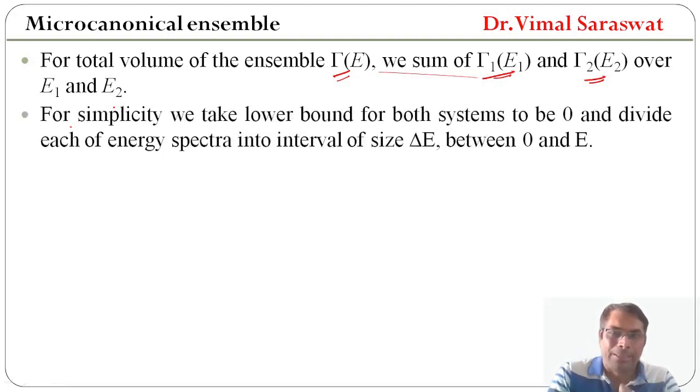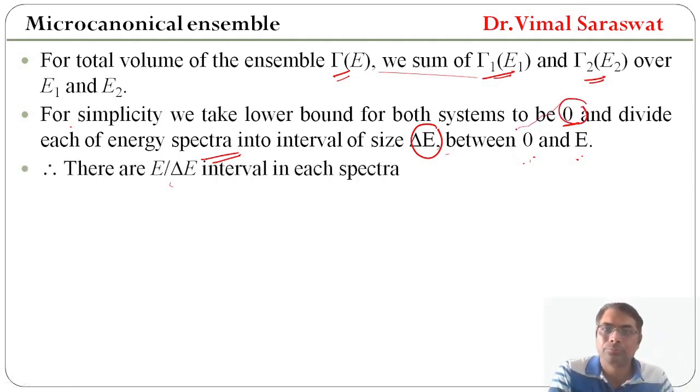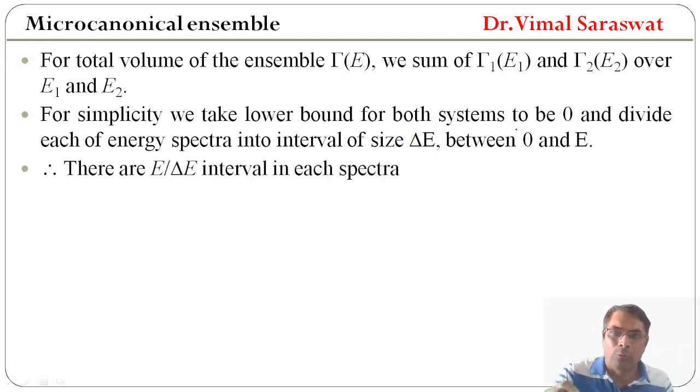For simplicity, we take the lower bound for both systems to be 0 and divide each of the energy spectra into intervals of size delta E between 0 and E. Therefore, there are E upon delta E intervals in each spectrum.